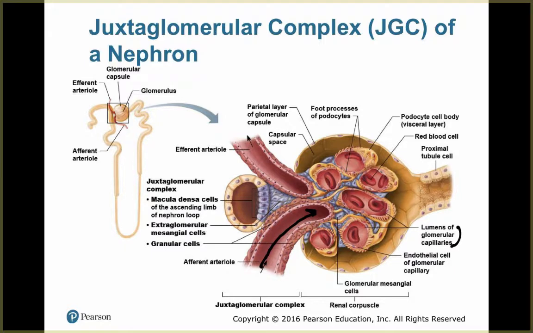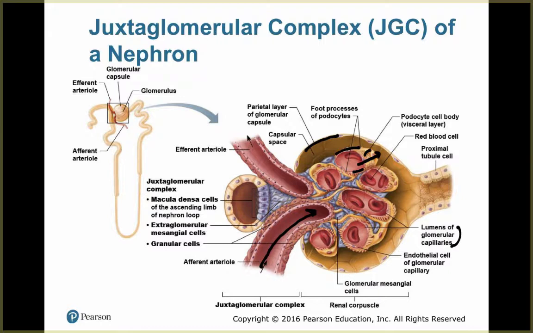So everything you can see goes in here. And then you can see basically the lining here and those podocyte cells here. So it goes out through here. And then you have the parietal layer that's on the outside, and this is the visceral layer that's in here, right? And then of course it has some capsular space between the two.